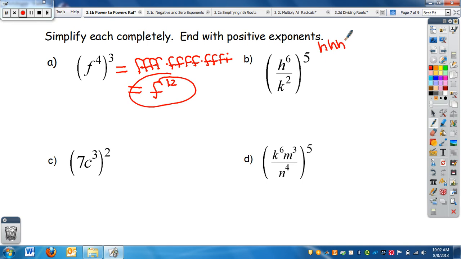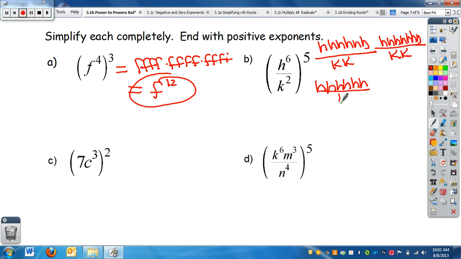This one's going to take me a while to write out. And 2 k's in the bottom, and I need that a total of 5 times. So yes, going through right now. Sometimes it's going to take a while, but it will help you understand the rule in the long run. You're more likely to remember it. And you can use this strategy if you can't remember the rule, which sometimes happens as time goes on, but if you remember what exponents mean, it may help you figure out simplifying expressions.